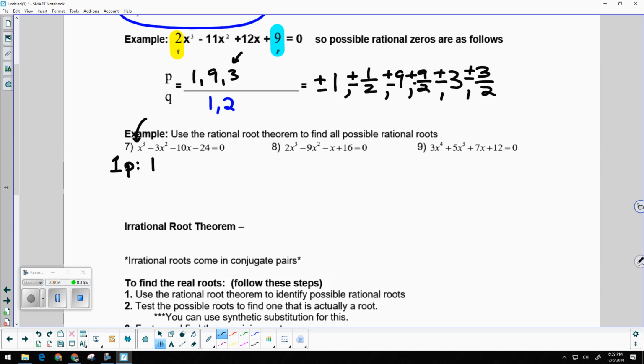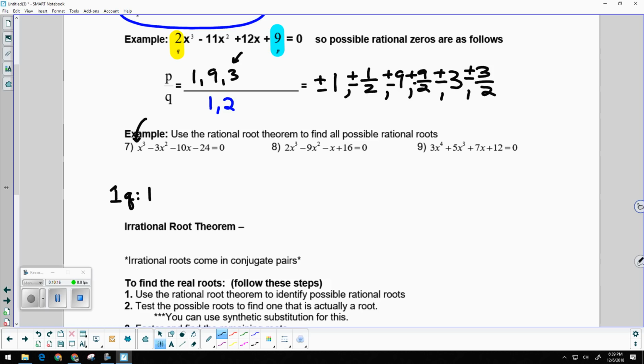Well, let me go back. Sorry, that's Q. My apologies. The leading coefficient is Q. Let me erase that. So my factors of Q are 1. I'm going to move this down here because Q is in the denominator. That's my fault. Factors of Q are 1.